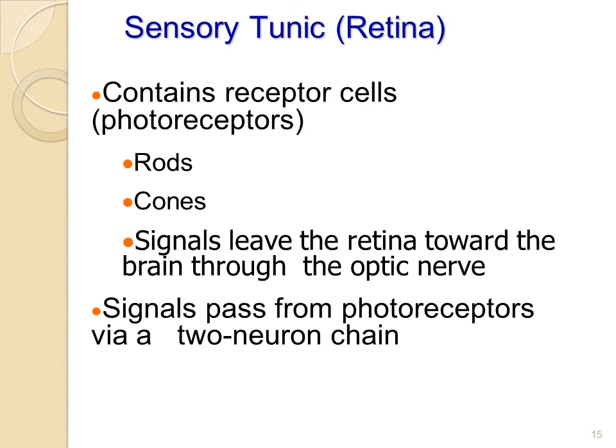Signals leave the retina toward the brain through the optic nerve, and the signal passes from the photoreceptors, meaning rods and cones, via a two-neuron chain.